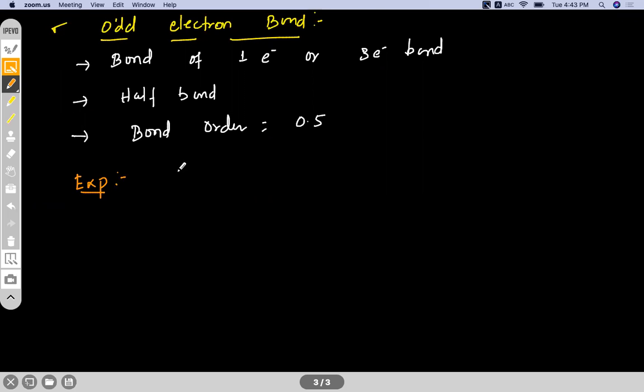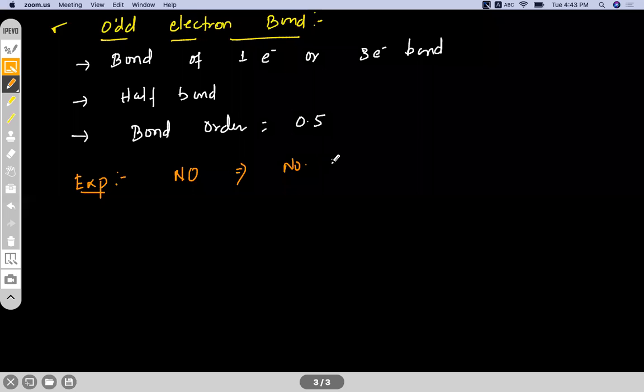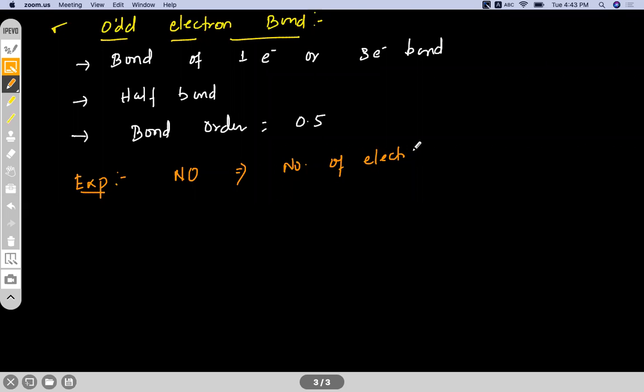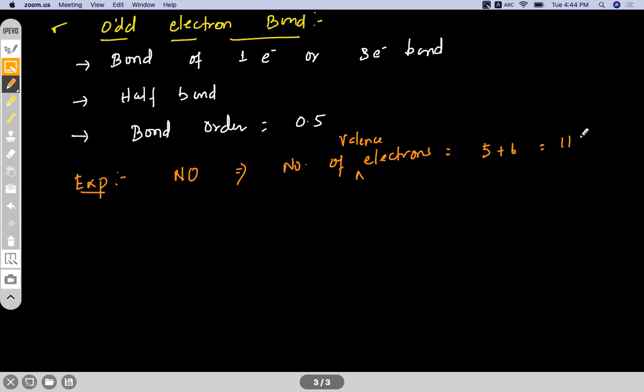Like for example, you see NO. The number of electrons NO has, you can see 8 for oxygen, 7 for nitrogen, that is 15. If we talk about the valence electrons here, 5 for nitrogen, 6 for oxygen, that is 11. 11 is an odd number, hence the molecule contains odd electron bond.